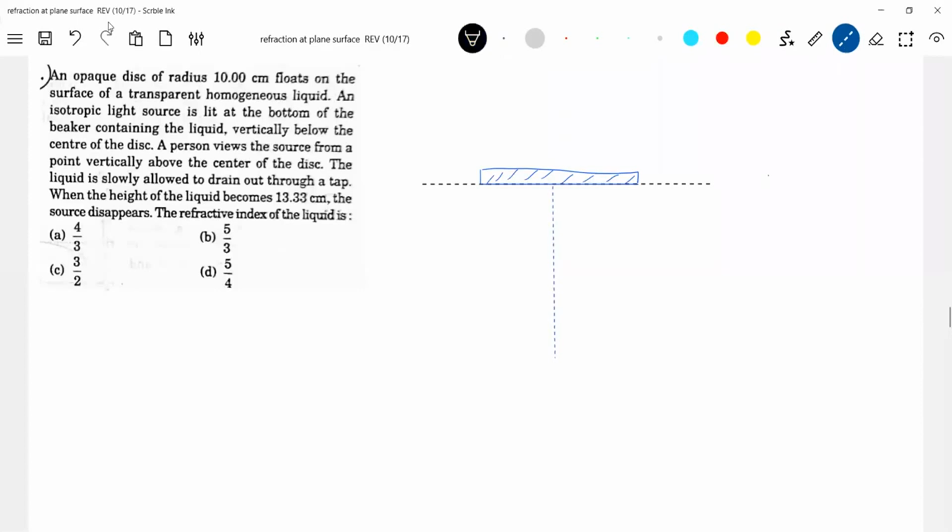Below everything there's a liquid. Now when the height of the liquid is something, say 1.33 centimeter, what happens to the rays?